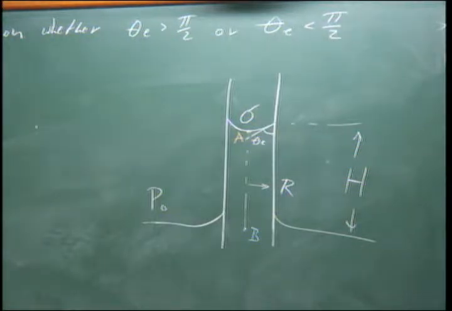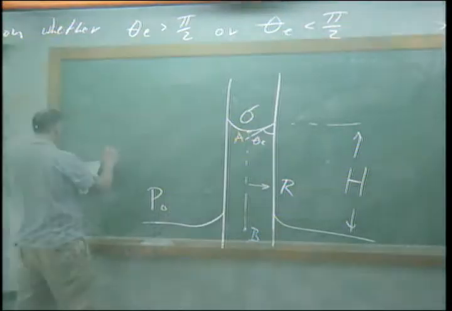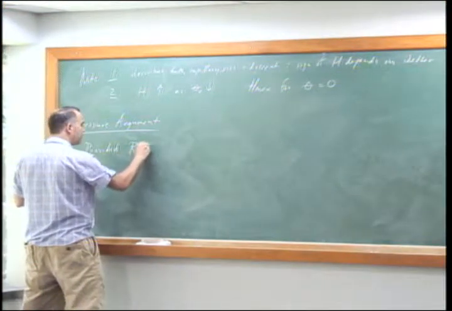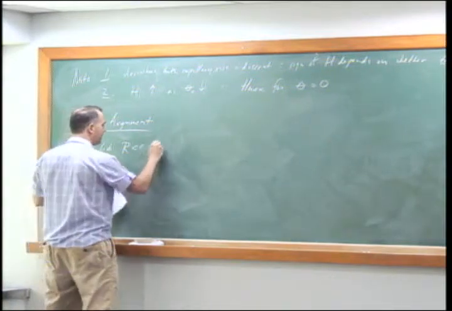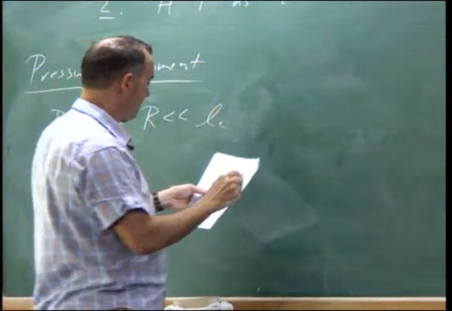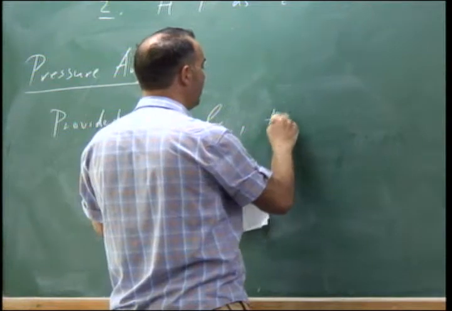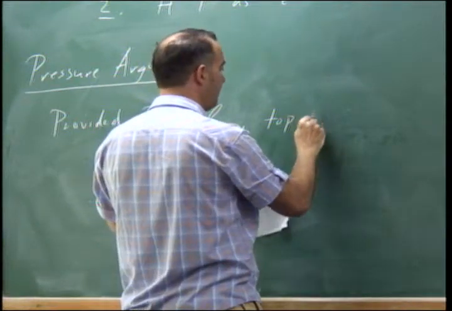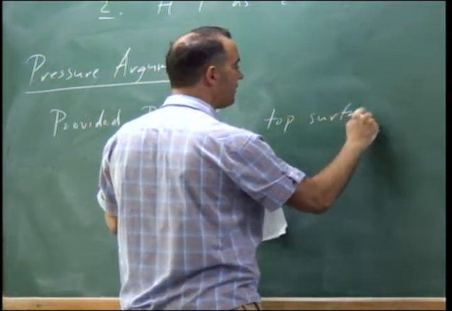Okay, so now there's one thing we have to do. We have to assume that if R is much less than LC, the capillary length, then the top surface will be a spherical cap.